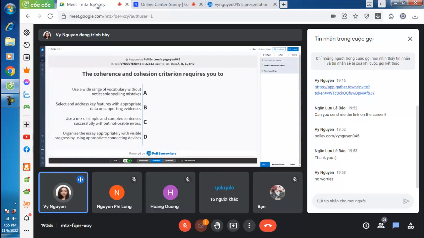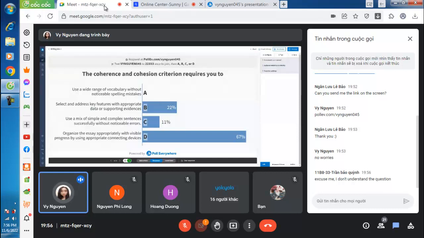Alright, moving on to the marking criteria. The coherence and cohesion. What does it require you to do? There are four of them, right? The examiners will give you scores for four things, right? The first thing is task achievement. The second thing is coherence and cohesion.